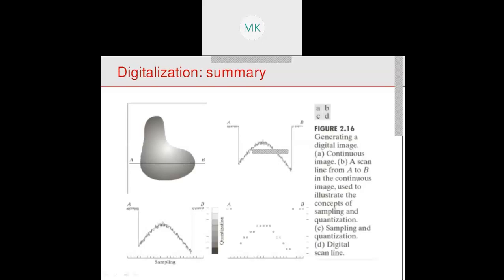So this is how the result appears after performing the digitization by applying quantization as well as sampling. Here, if we consider the plot of amplitude, that is, intensity values of a continuous image along the line A comma B, where A comma B is a line segment which is considered to be a horizontal line, the random variations are due to image noise.